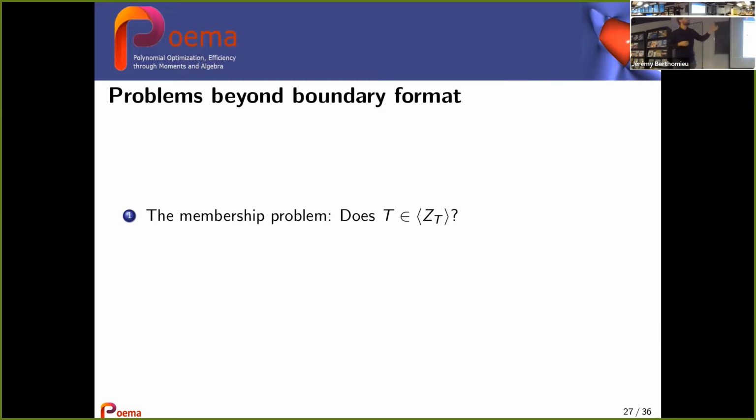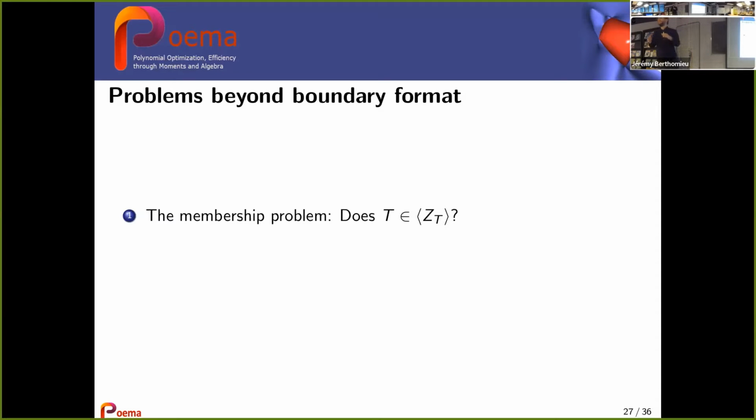And this is a good question because for matrices, the singular pairs give a minimal decomposition of the matrix. For tensors, again, this is answered when the boundary format condition is satisfied, and you have that T belongs to that span, and it means that T is a linear combination of its eigentensors.